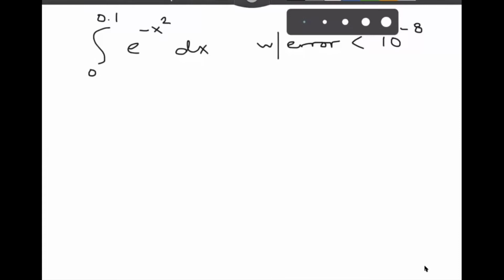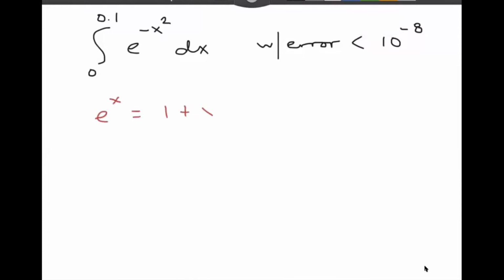Okay, so the first thing we need is a Maclaurin series for e to the x, which we have. E to the x is equal to 1 plus x plus x squared over 2 factorial plus x to the third over 3 factorial, et cetera, et cetera.